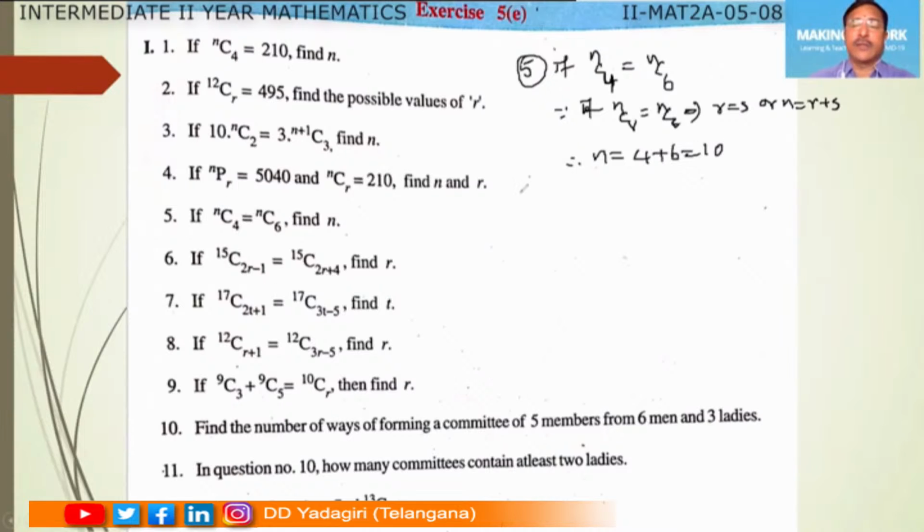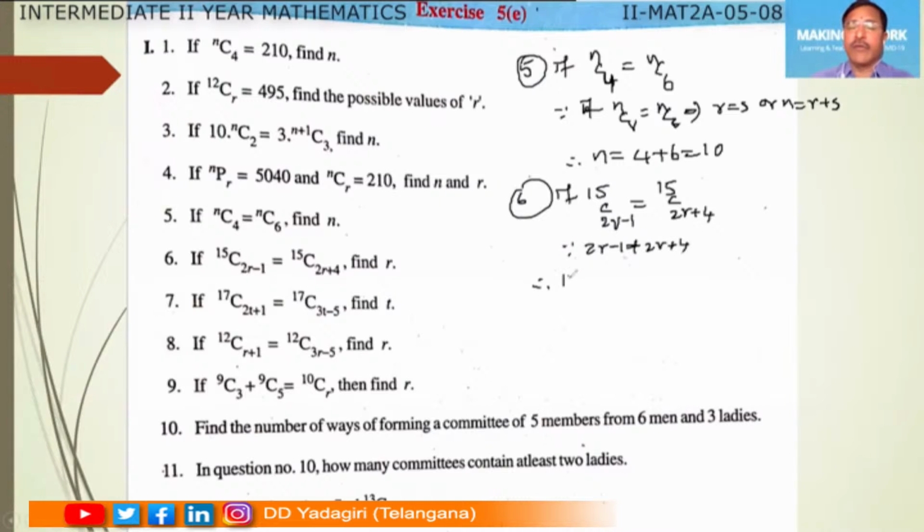And sixth question, if 15C2R minus 1 is equal to 15C2R plus 4, then find the value of R. So here also, this 2R minus 1 cannot be equal to 2R plus 4. Since 2R minus 1 not equal to 2R plus 4.